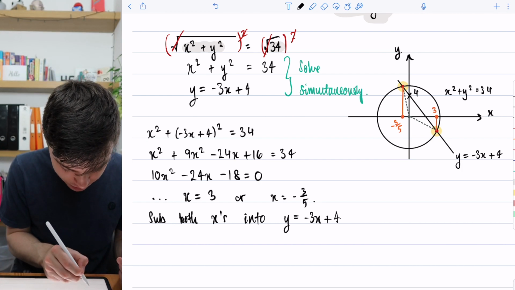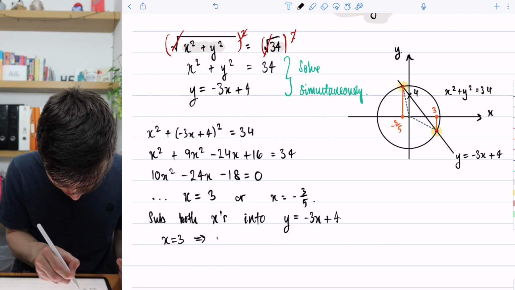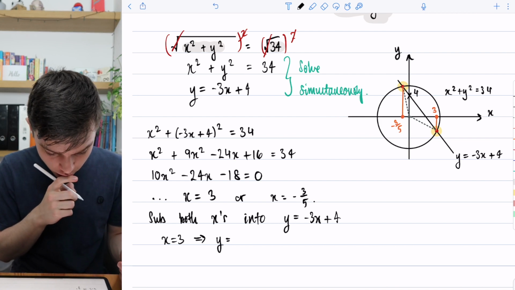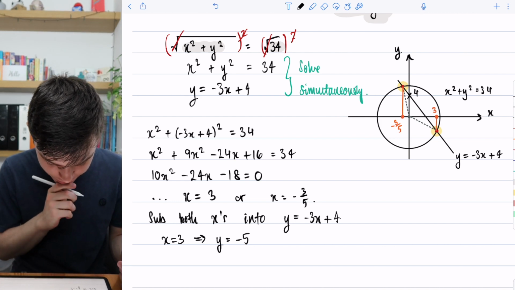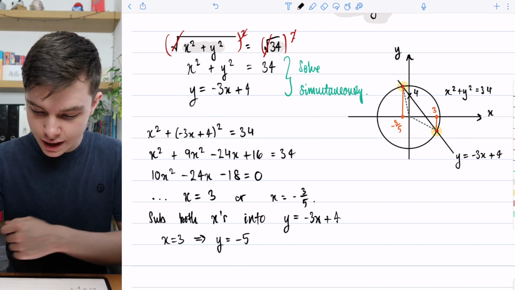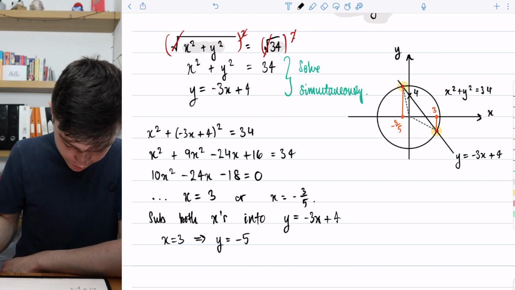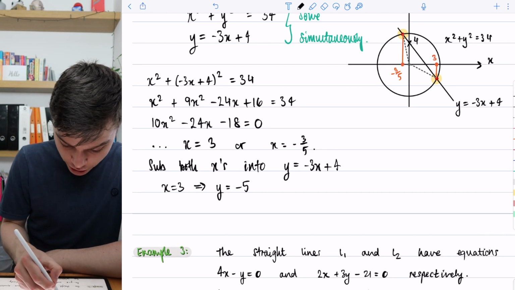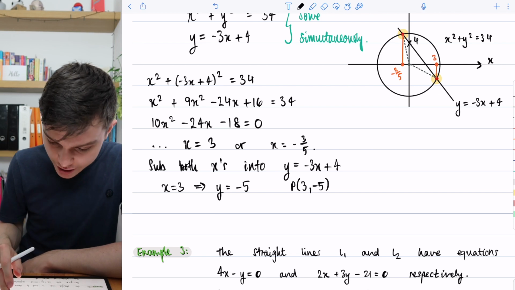If I put x is equal to 3, that's going to give me a y value of minus 9 plus 4. Is that minus 5? Of course it is, it's minus 5. So that is 1 point. We could have P at (3, minus 5).